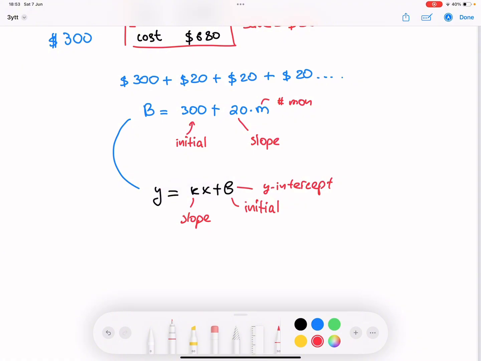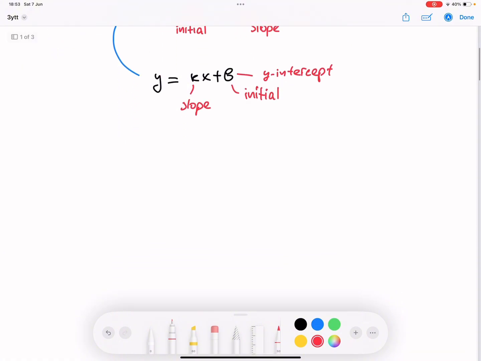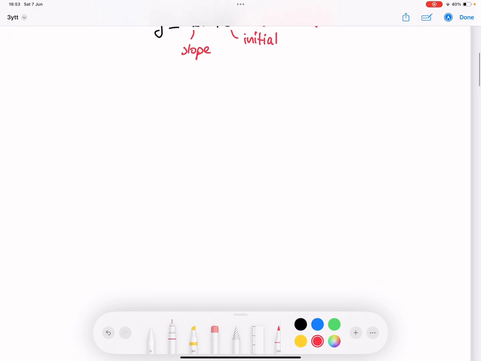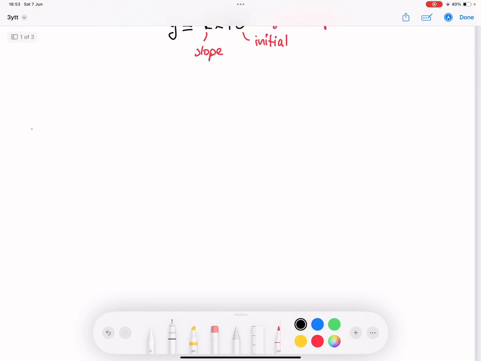So guys, I'm going to show you 3 different cases now. The first case is you have $300 and you save, let's write, $20 every month, okay? And it goes like this.